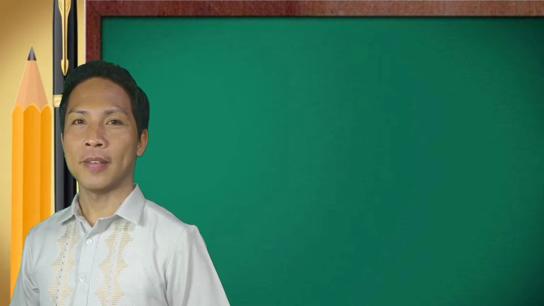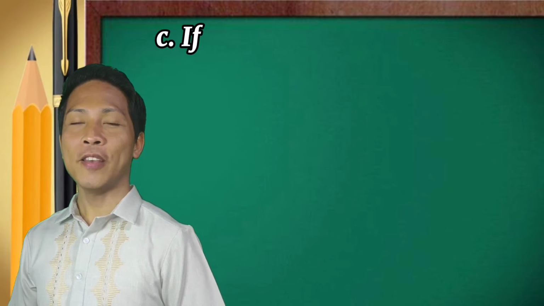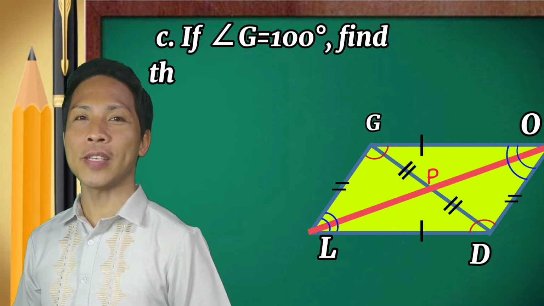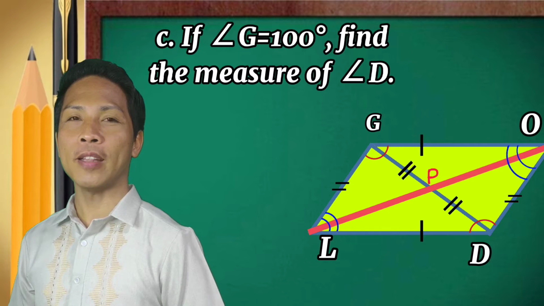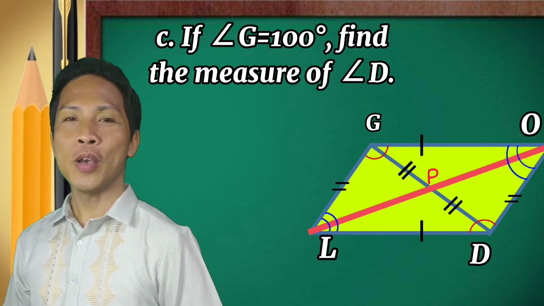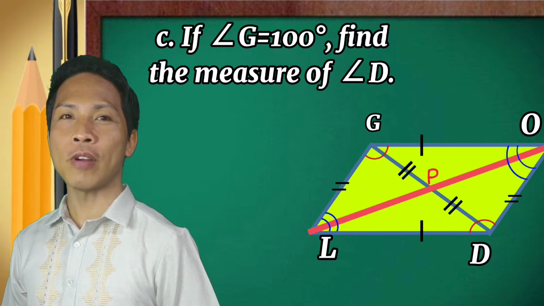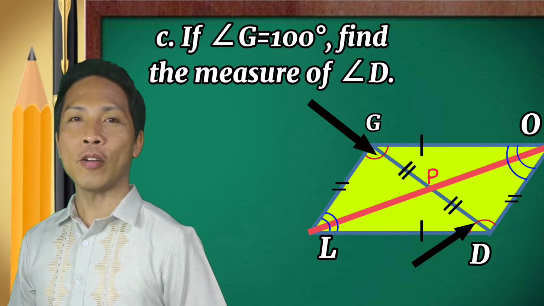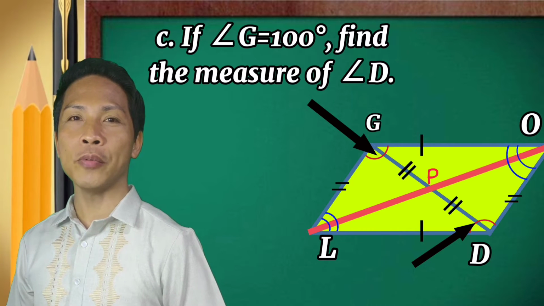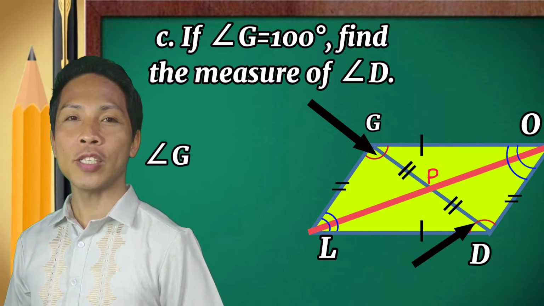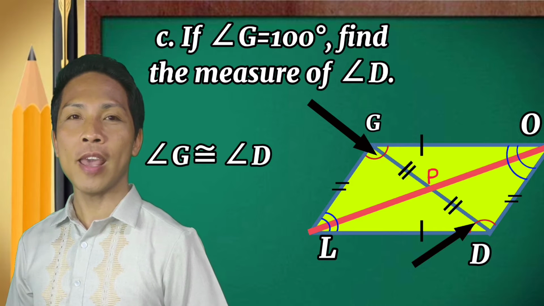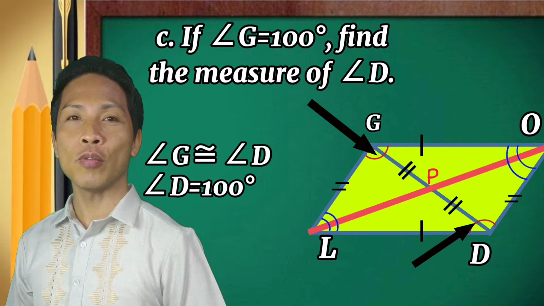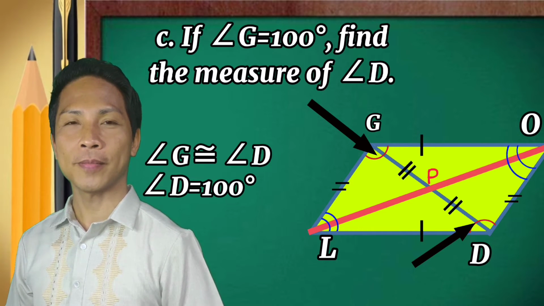Letter C. If angle G equals 100 degrees, find the measure of angle D. Remember, opposite angles of a parallelogram are congruent. Angle G and angle D are opposite angles. So, if angle G equals 100 degrees and angle G is congruent to angle D, then angle D is equal to 100 degrees.